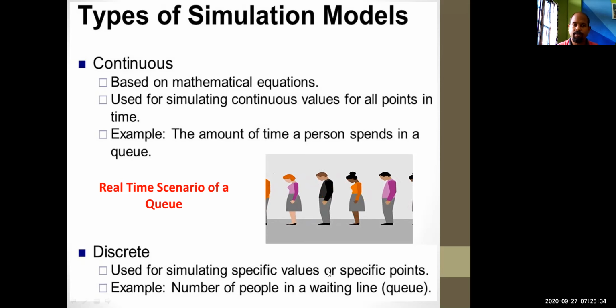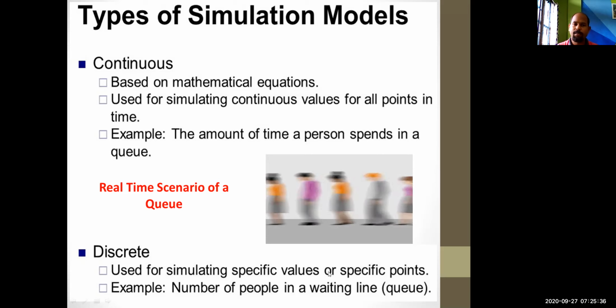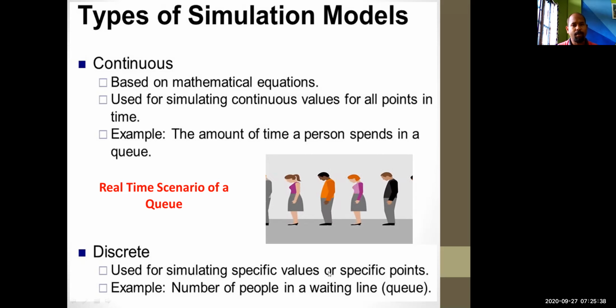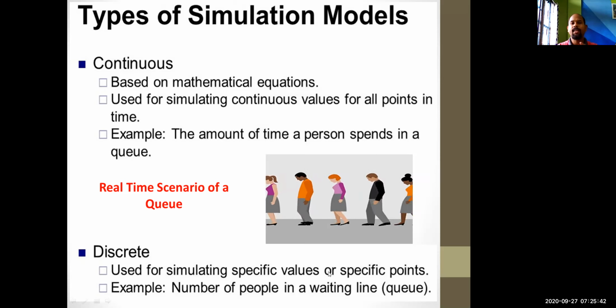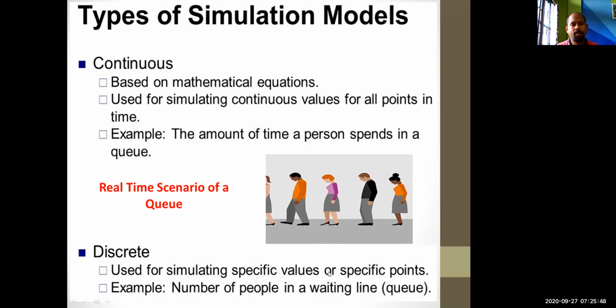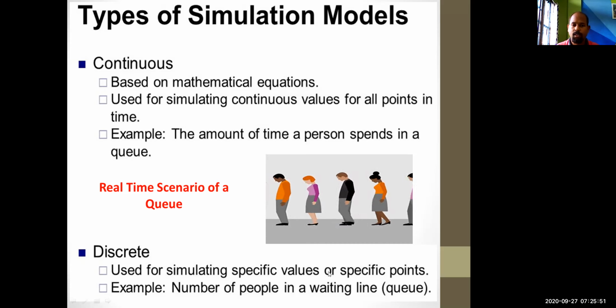It will not be continuous. From 2, it may be 10, and from 10, it may be 3. From 3, it may be 5. So any number can be. That's why it's a discrete event. And this kind of simulation modeling is called a discrete simulation model.